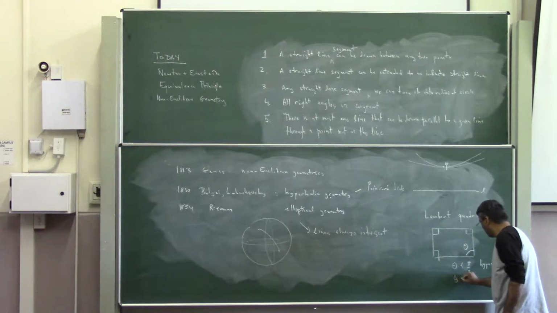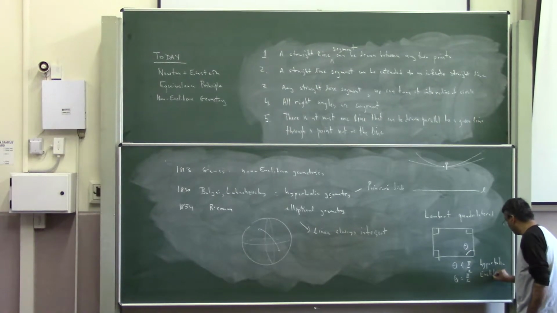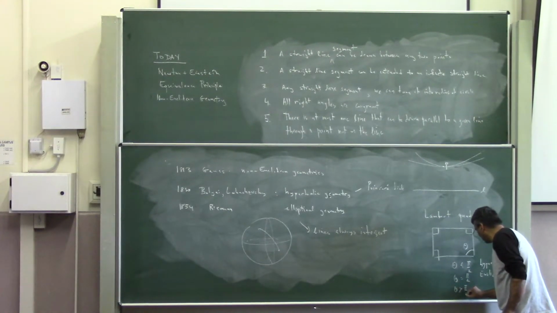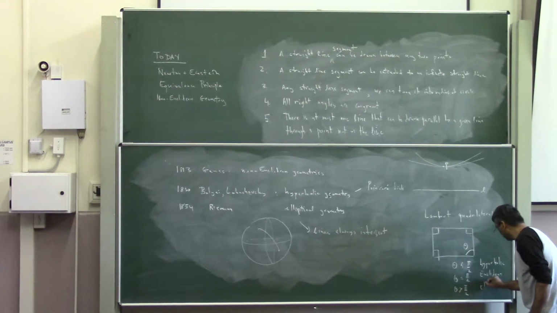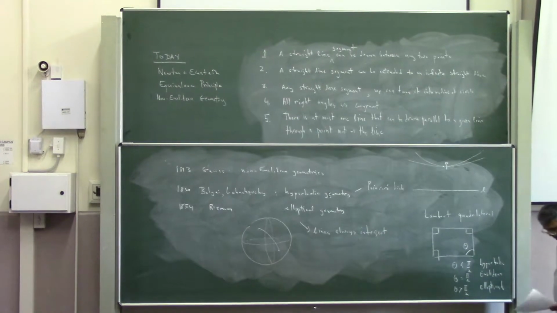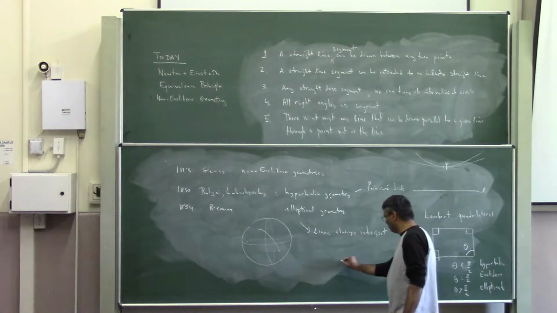If theta equals pi over 2, you're Euclidean. And if theta is bigger than pi over 2, you are elliptical. So what this tells you is that rectangles only exist in Euclidean geometry.